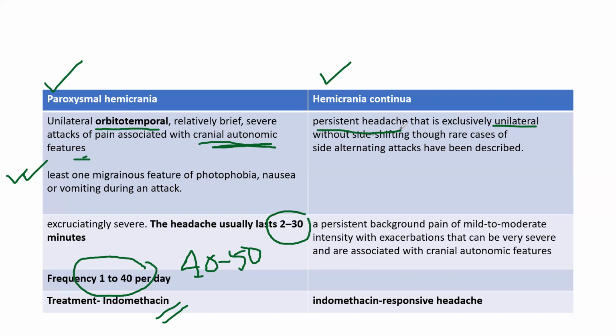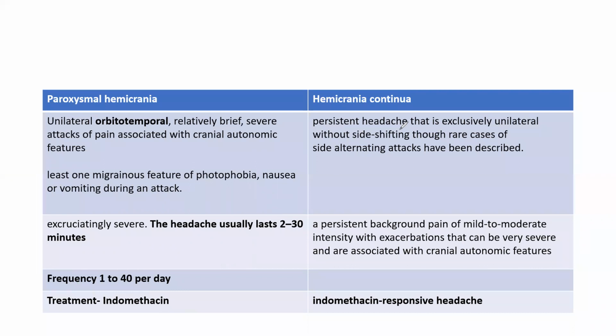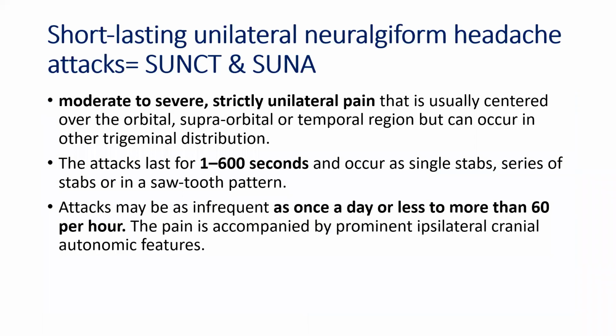That must respond to indomethacin. So we have discussed three important types: cluster, paroxysmal hemicrania and hemicrania continua. Now, another two types. First is SUNCT, second is SUNA.